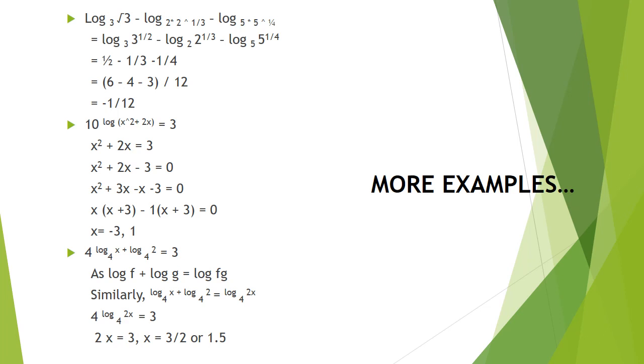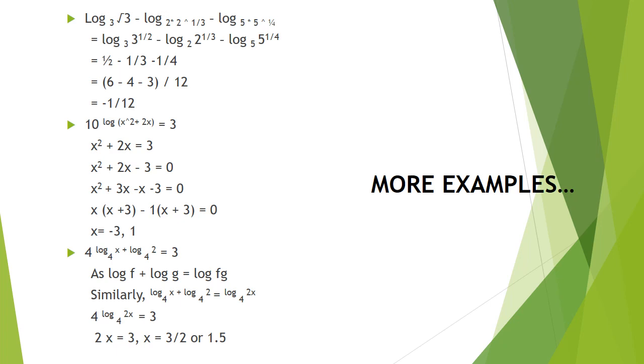Another question is log base 4 of x plus log base 4 of 2 is equal to 3. Now, as log f plus log g is equal to log of f times g, the same formula you're going to apply here, and you get log base 4 of 2x is equal to 3.